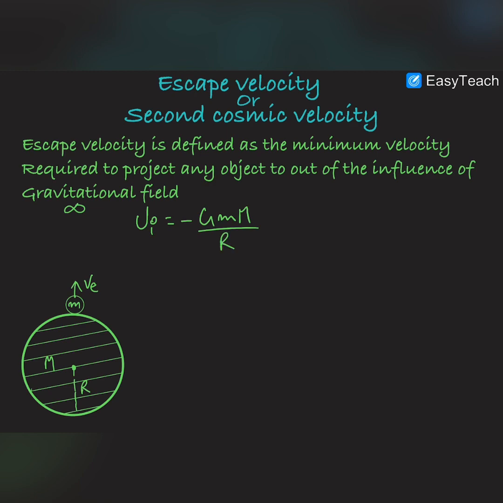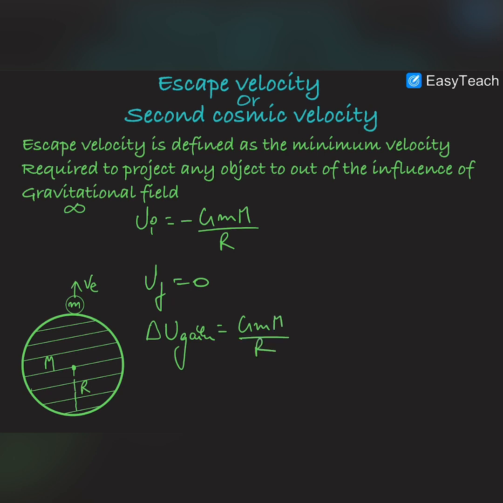And the final potential energy will be zero, obviously, because when this mass reaches infinity, the potential energy of the system will become zero. So you can see that the potential energy has increased, because this is a negative potential energy and this is zero. So 0 is greater than the negative quantity, and therefore we can say that delta U, the energy gained, is equal to GMm by R.